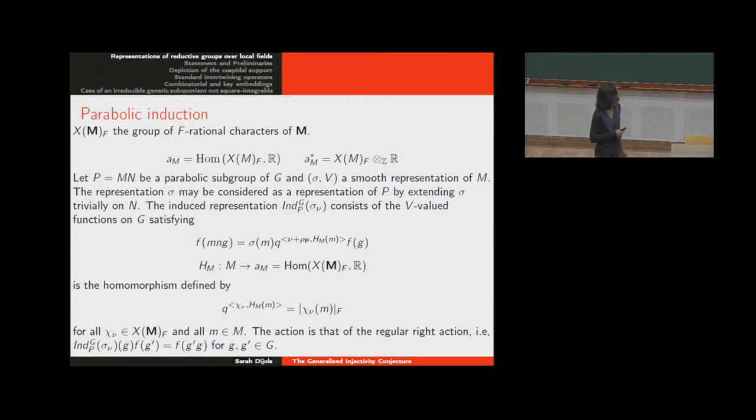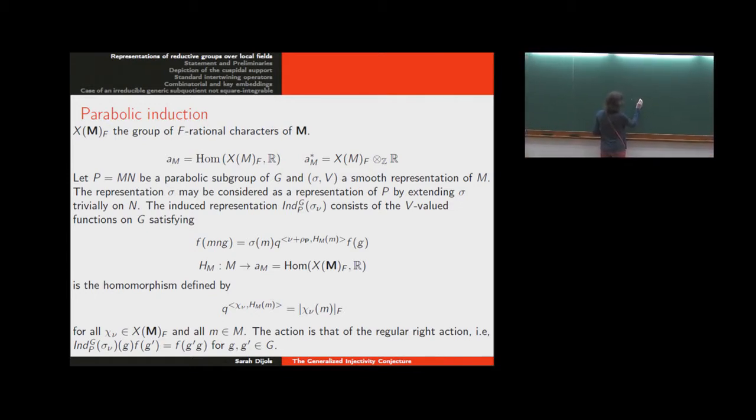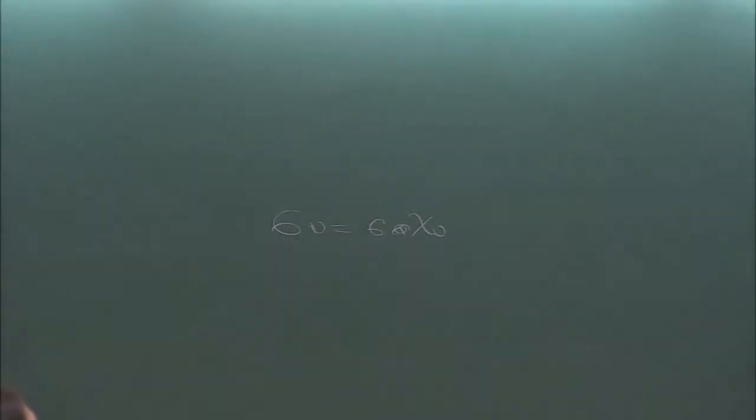So you should think of this as a real vector space. And when I write sigma_nu, this is just sigma tensor chi_nu. So those parameters nu will be one of the main interests in my talk as well.